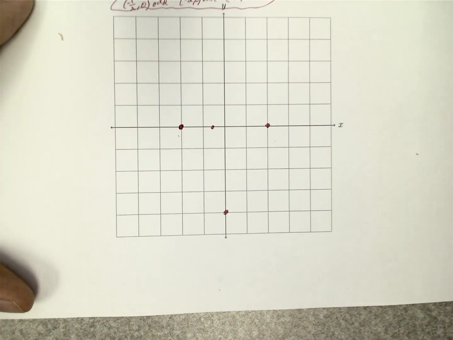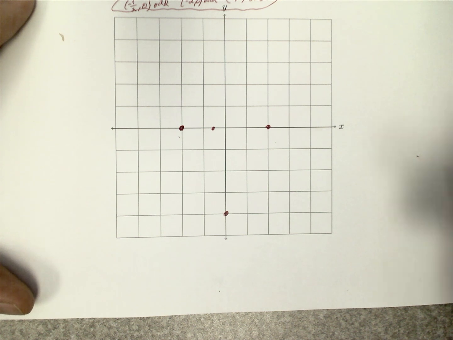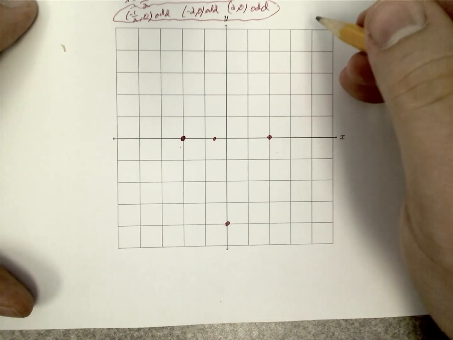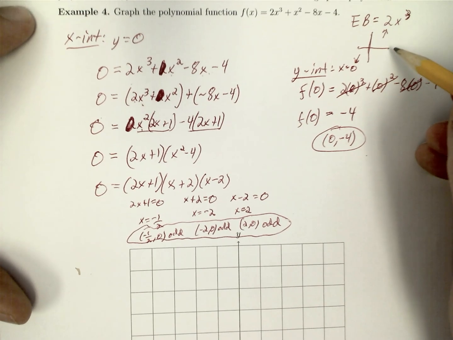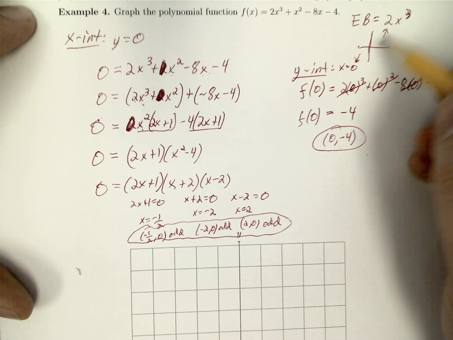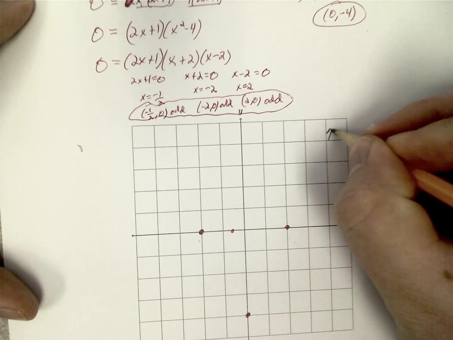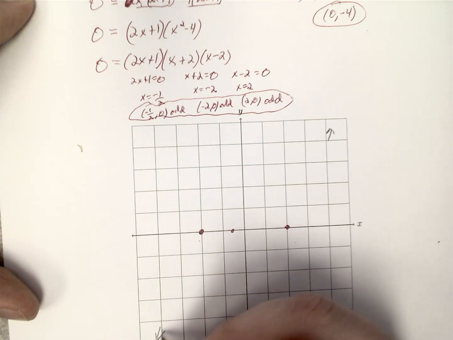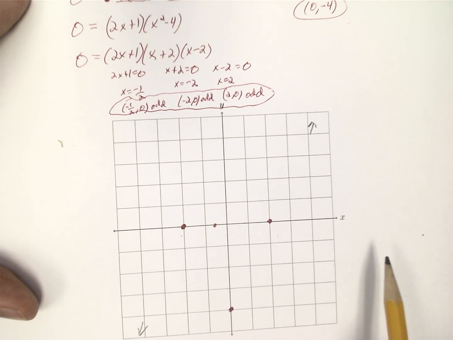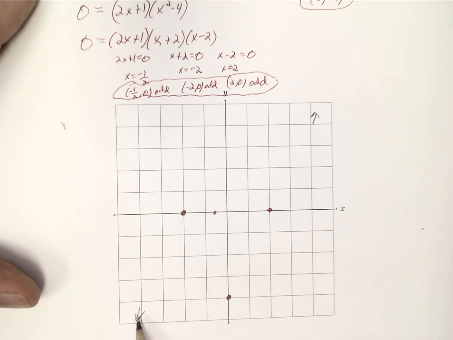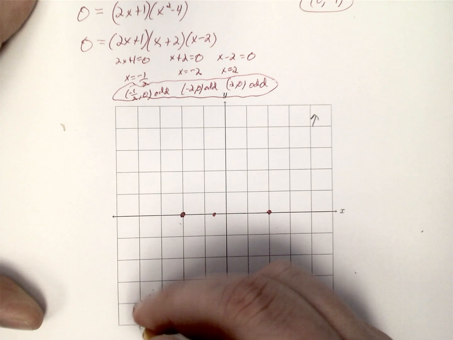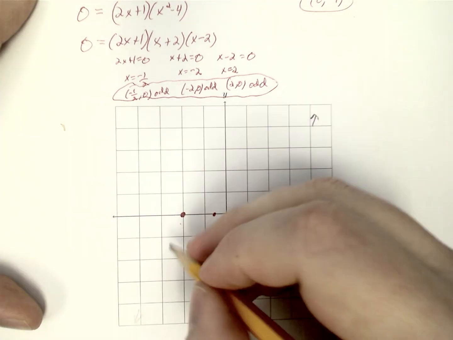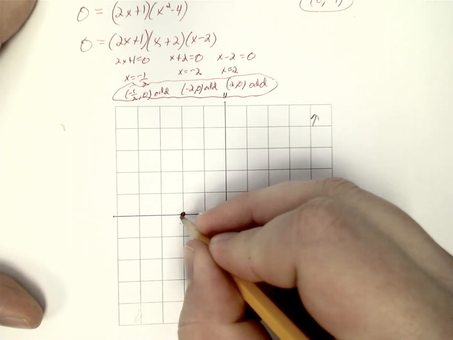And then we're going to switch over to a pencil. The end behavior was, again, 2x cubed. So it was odd, positive, odd, which gave us this. So just the general direction of where we need to start and end. So we go from left to right, and that means we start from the direction of the left arrow. So again, we don't start directly from there. Usually these things are steeper, but it's going to start going down, and this is our first point.